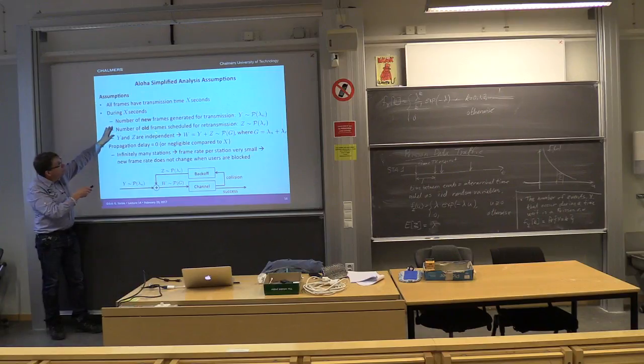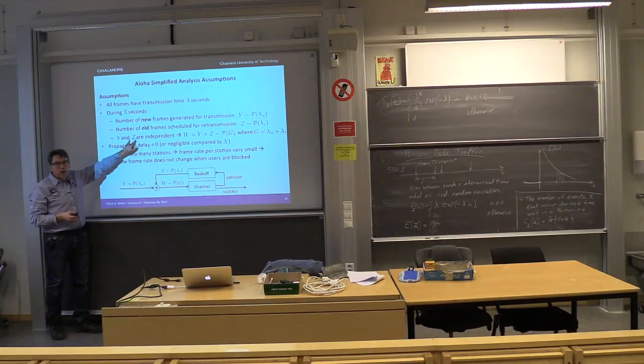The number of old frames scheduled for retransmission, z, is a Poisson random variable with some other intensity, lambda r. Then we think of y and z as being independent. That's also a simplifying assumption.